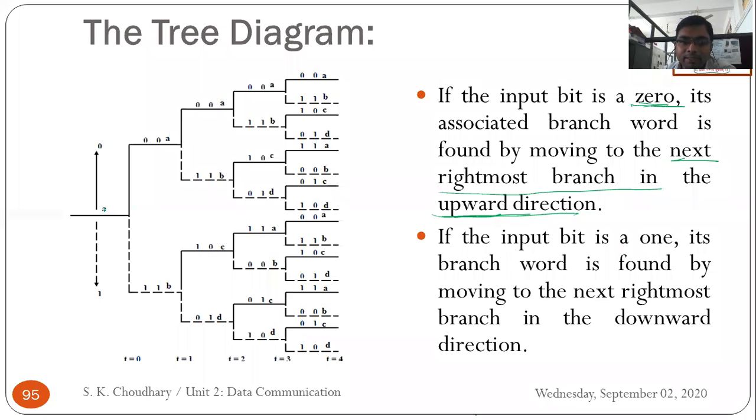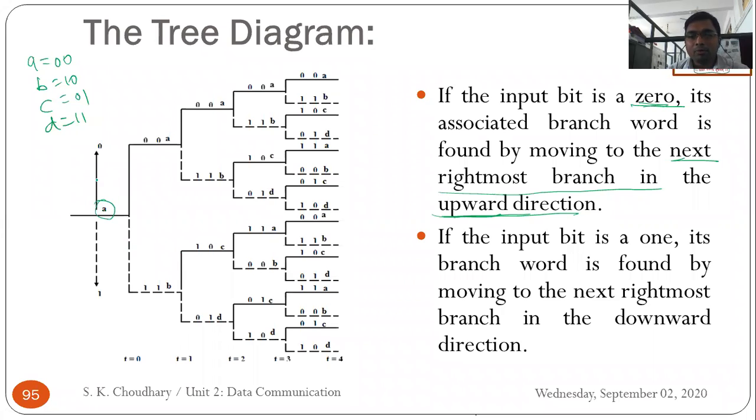I am using alphabets here for the representation of states, otherwise if I used binary numbers, it would create confusion. You have to just remember that A is 0 0, B is 1 0, C is 0 1 and D is 1 1. At the initial position, we always start with the 0 0 state A.